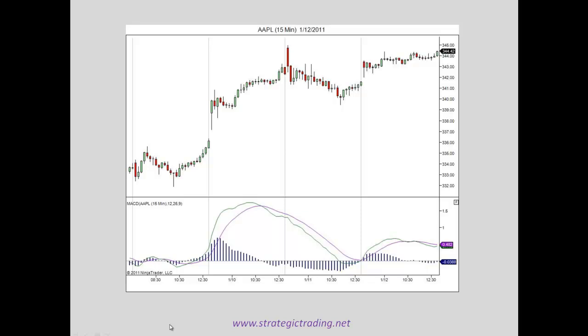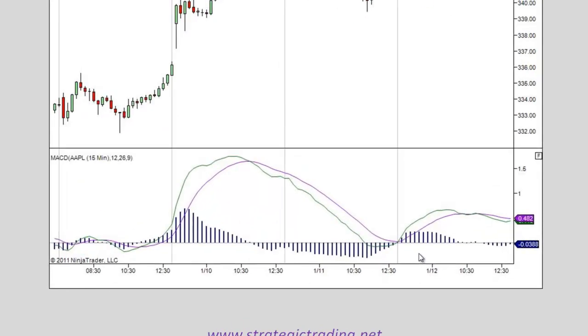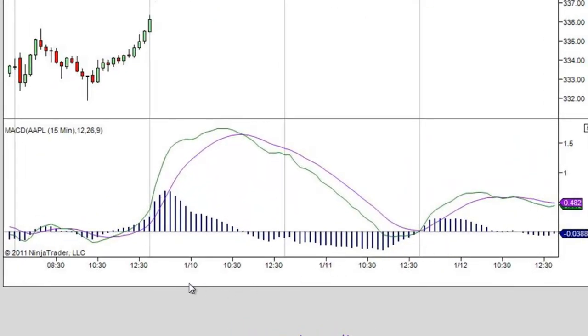Let's take a look together here at an Apple chart with 15-minute candles, and below the chart we see that we have a MACD, and on the MACD we have the MACD line, the signal line, and of course we also have the bars representing the histogram.